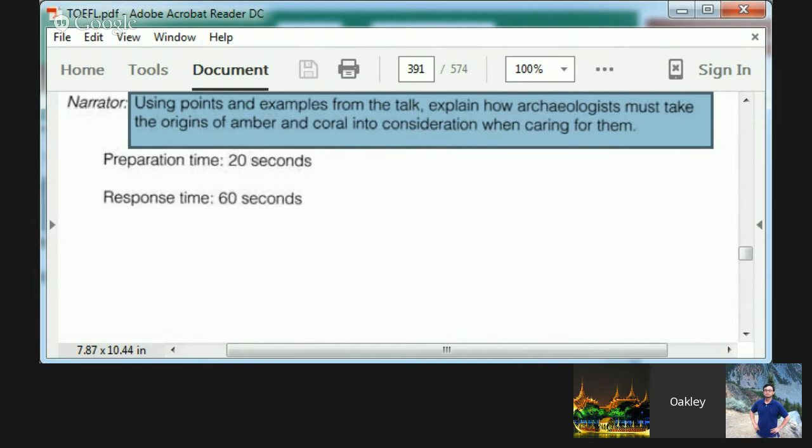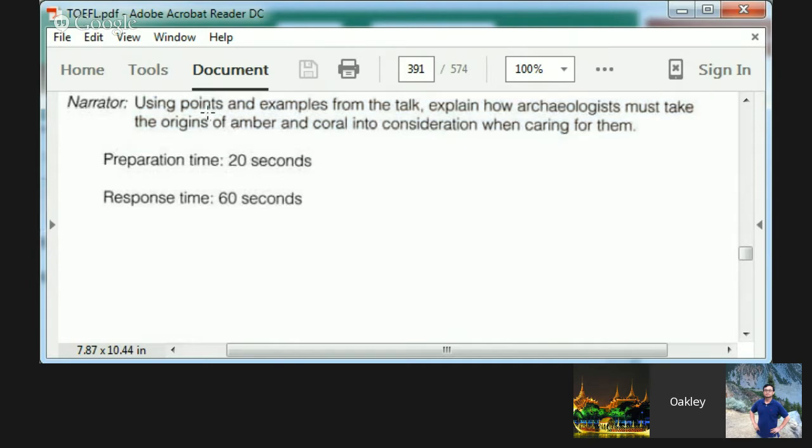And then, the question already gives you: first of all, he talks about amber, and then talk about amber as much information as you can give, and then secondly, he talks about coral. But remember, we're thinking about caring for them, and we're thinking about the origins. Where do they come from, and how do we care for them? That's it.